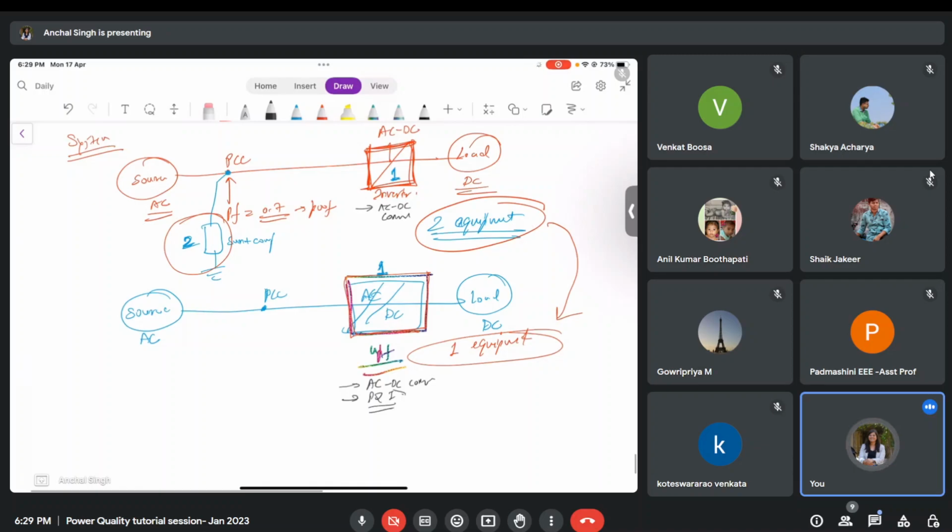This additional factor has improved the cost effectiveness of equipment number 1, and therefore people have started using it much more. So we'll be discussing these kind of AC to DC converters, single phase, three phase, multi phase, and after that we'll be discussing a little about solar energy conversion systems.